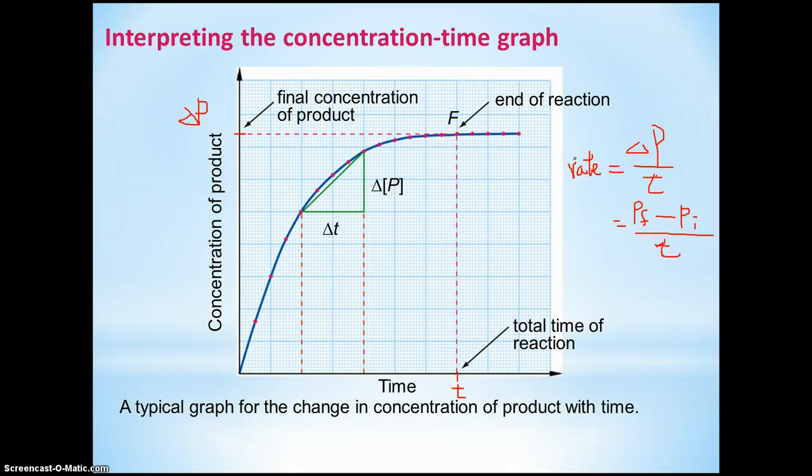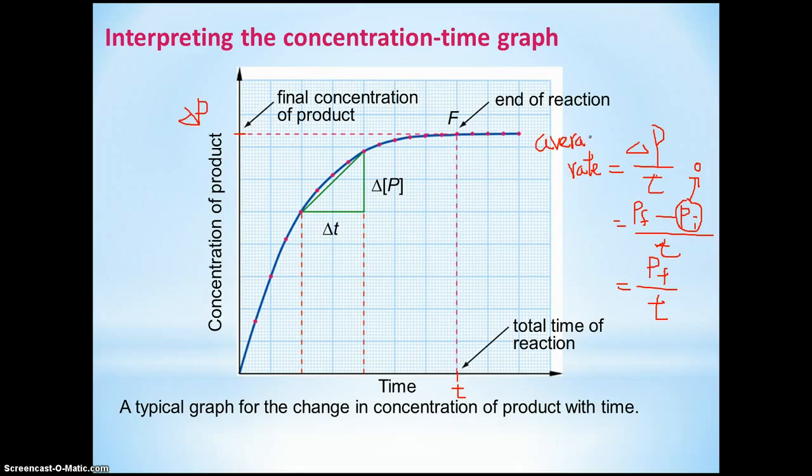When we're talking about average rates, that means starting from the very beginning. So the concentration of the product at the initial state should be equal to 0. In this case, we simply calculate the concentration of the product over time, and this is what we call the average rate.